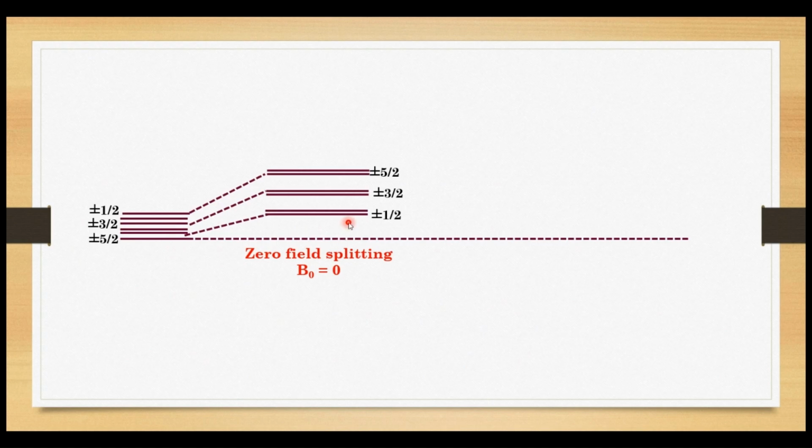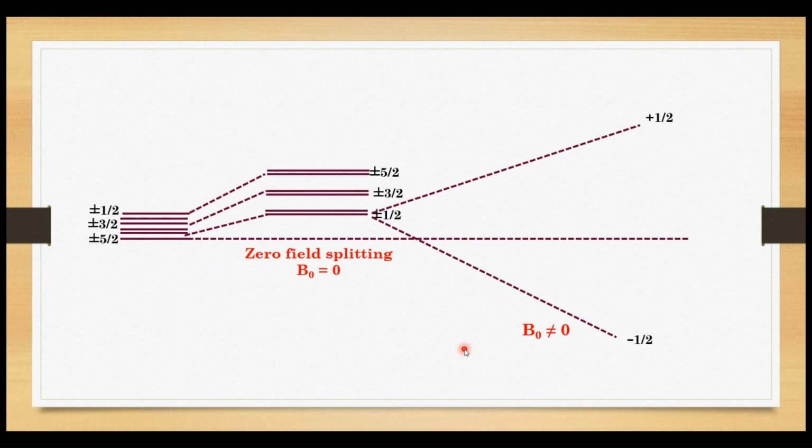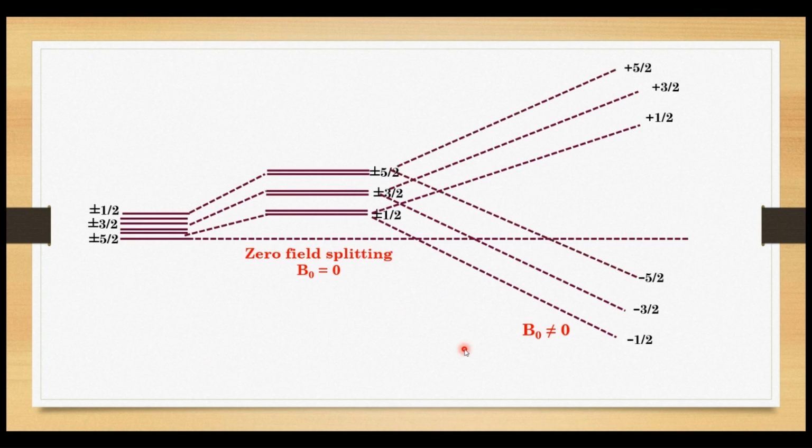Here we are getting 3 Kramers pairs, that is plus or minus 1 by 2, plus or minus 3 by 2, plus or minus 5 by 2. Now we have to apply the magnetic field. So it will split like this, minus 1 by 2 and plus 1 by 2 will split, and like that the splitting will occur.